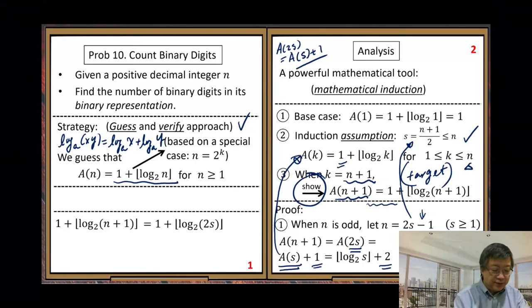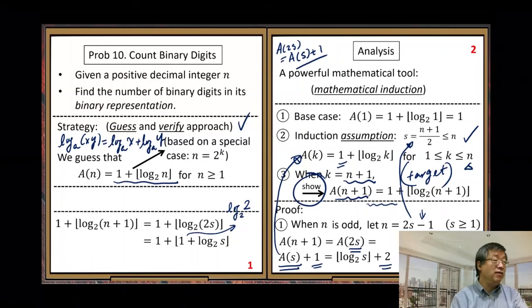Here we use that property. When we use that, we get 1 plus log base 2 of s, because this 1 comes from log base 2 of 2. The base number and the function variable part are the same, so it is 1. So we have that.